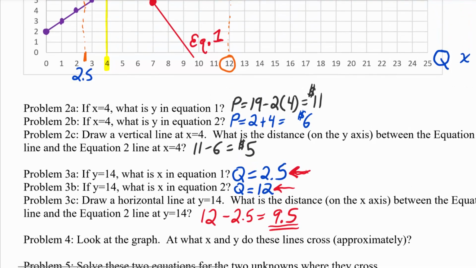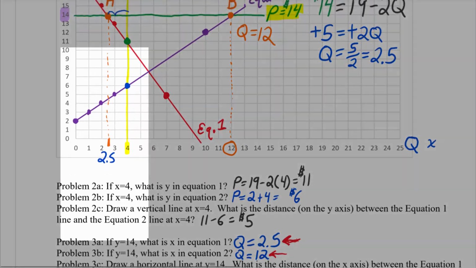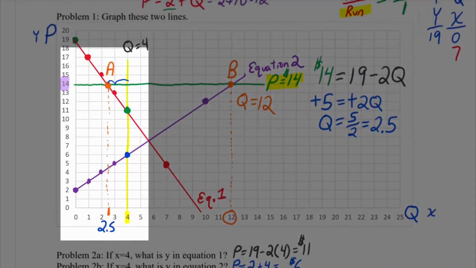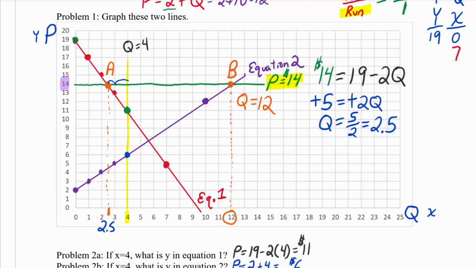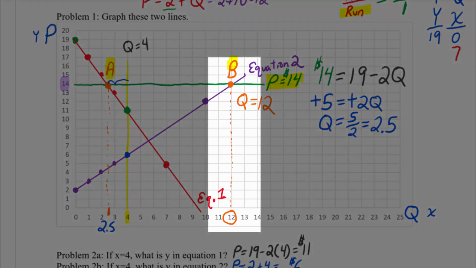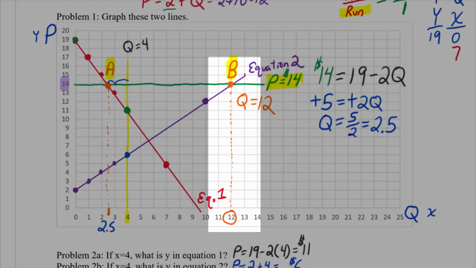What might this mean? Well, let me tell you a little story of what we might be looking at here. Suppose quantity A over here told us that people want to buy 2.5 million units. However, over here at B, this is telling us that for whatever reason we're producing 12 million units.